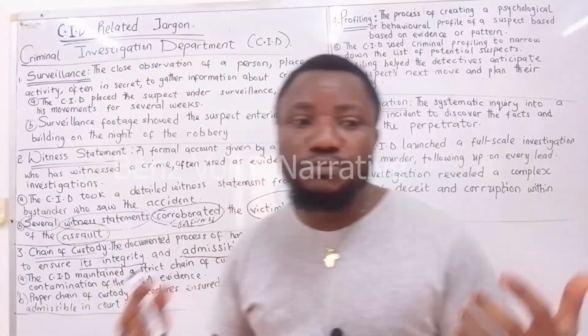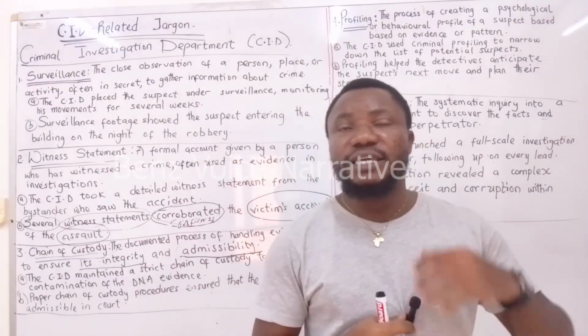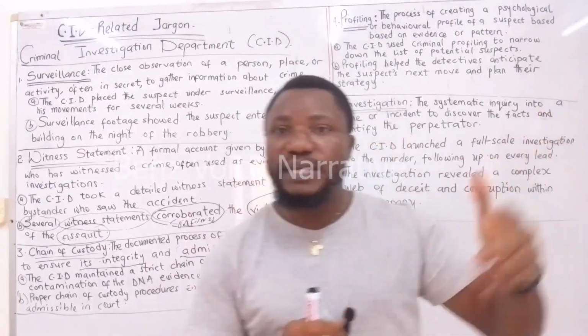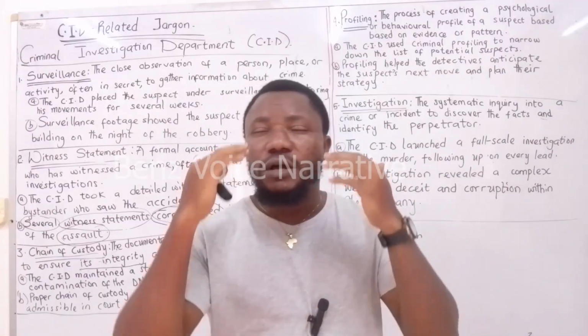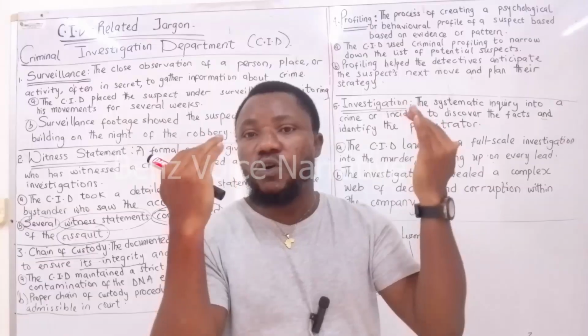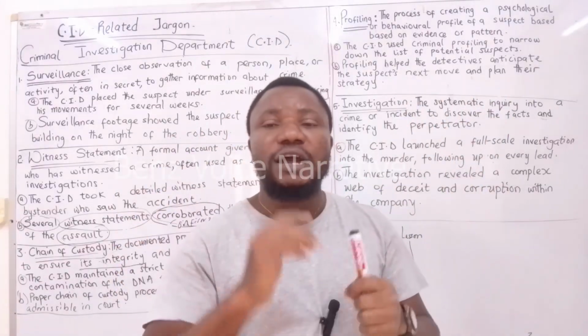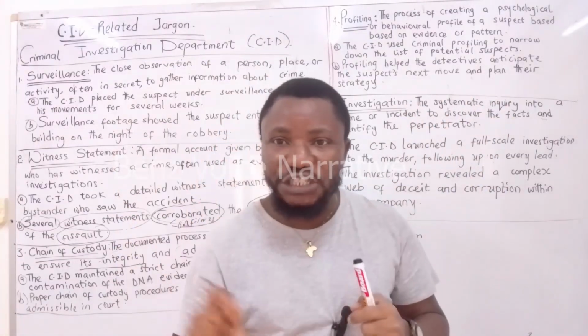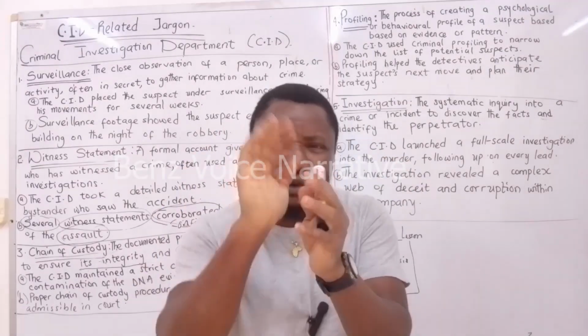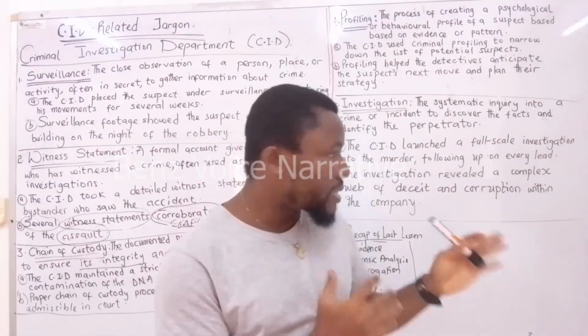Have you ever watched movies whereby officers of the CID have a lead regarding a suspect, and what they have is just written information about the physical appearance of the suspect? Then you see officers sketching out a profile, maybe the facial appearance of who they think the suspect is.